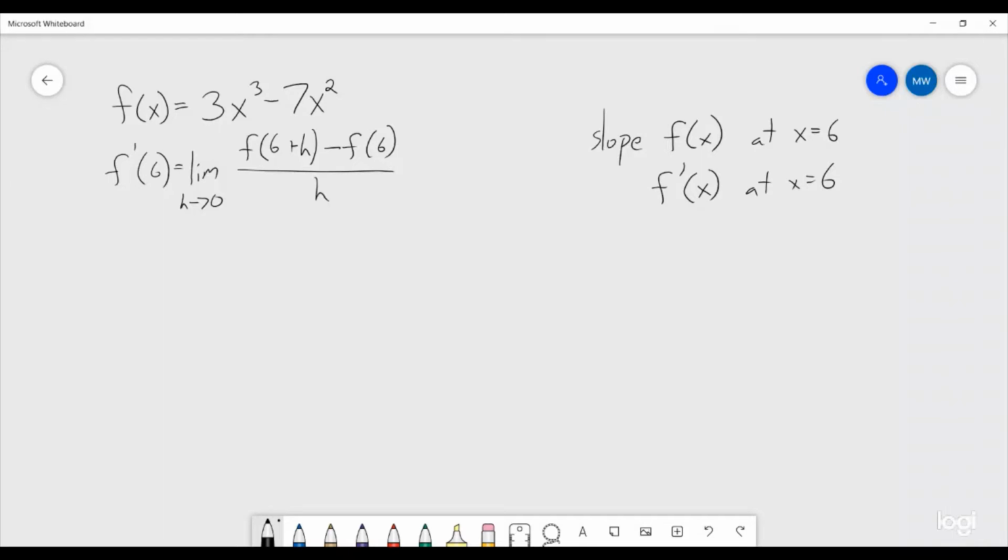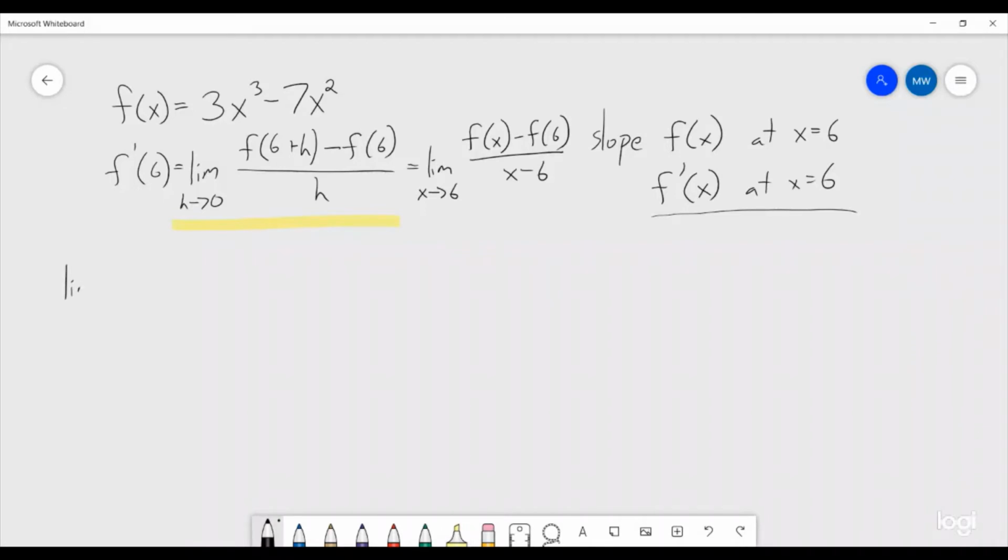Or we could also write it as the limit as x approaches 6 of f of x minus f of 6 all over x minus 6. Both of these are equivalent ways of figuring out what f prime of 6 is. So let's go through and do the first method. We're going to use this first one.